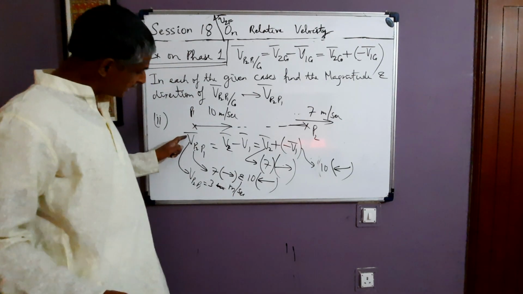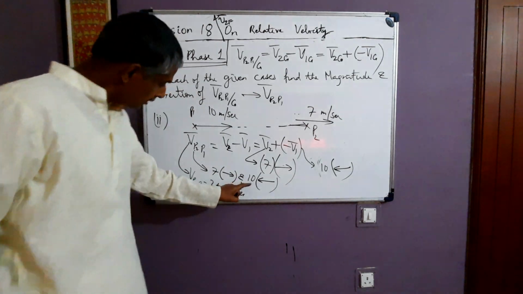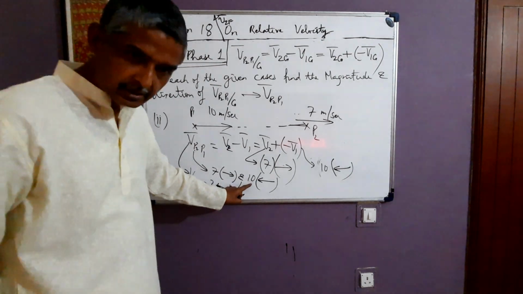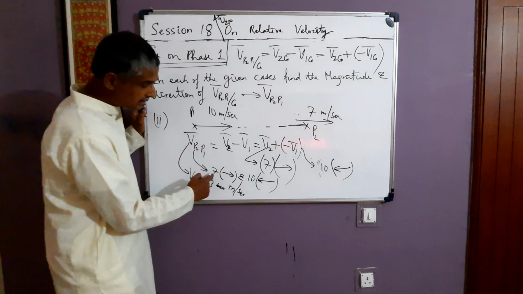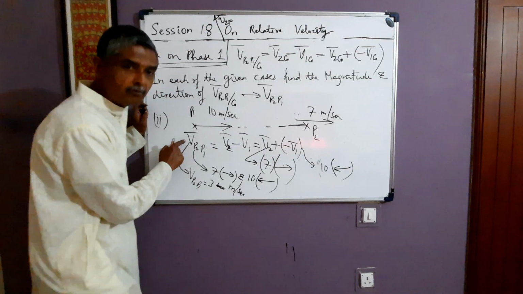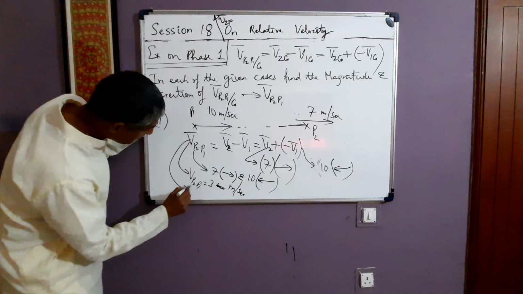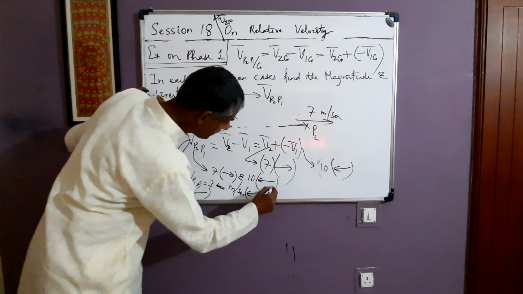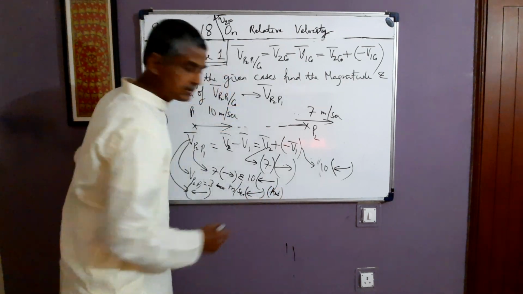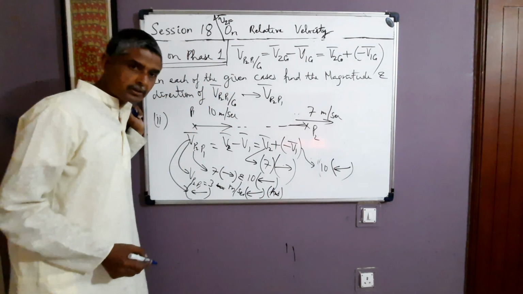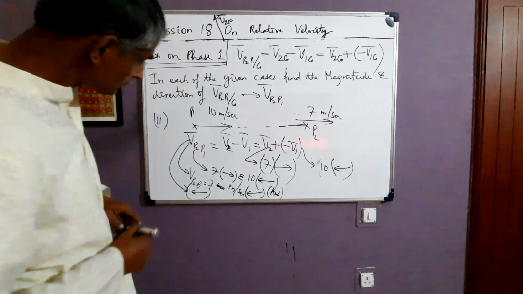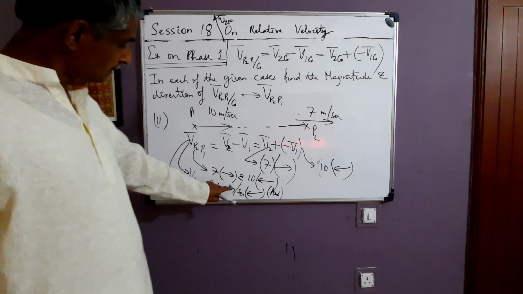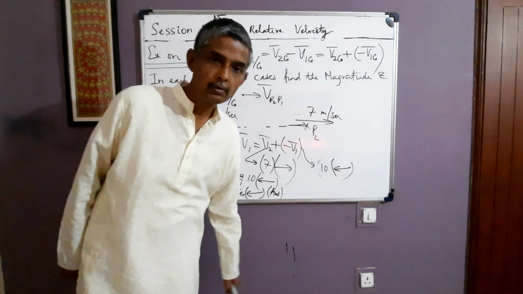And its direction will be the same as the vector among these two which has greater magnitude. 10 is more than 7, so the direction of Vp2P1 in this case will be left. So 3 meter per second towards left is the required answer. I hope you have understood what I have said. Fine.